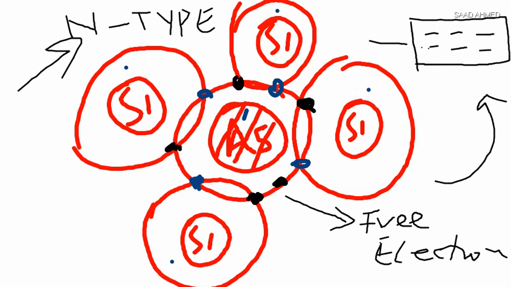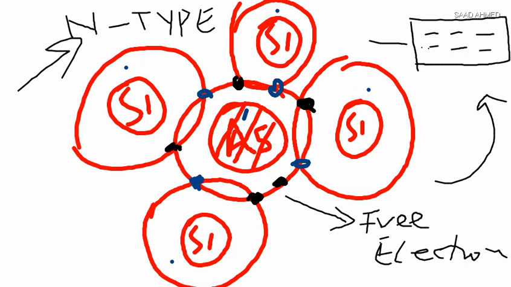So anyway, this is the diagram, and this is the process of doping, in which you have managed to create free electrons inside a pure semiconductor, and this pure semiconductor has now become an impure semiconductor, an extrinsic semiconductor, an n-type semiconductor with free electrons inside it.